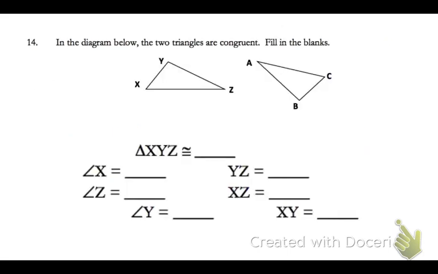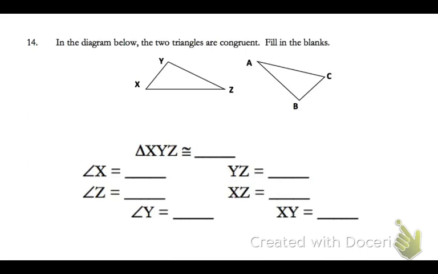On problem 14, in the diagram below, the two triangles are congruent. So I am telling you that they are congruent, and you are going to fill in the blanks. So we kind of have to rotate our second triangle so that we can see corresponding angles. And let's do that first.